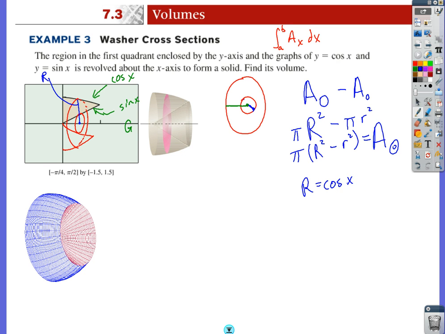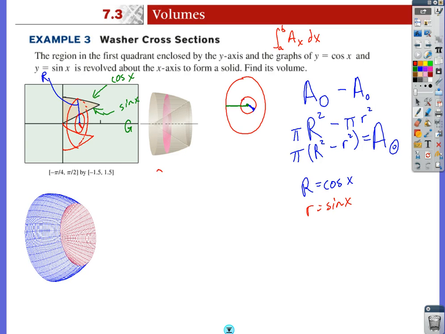And what's little r? Well, little r, again, I start at the center of my rotation and I go out. There's my little r right here. Well, again, that's going to be a function height. What function is that going to be? Sine x. So little r is sine x. So now I have all the pieces, I believe.